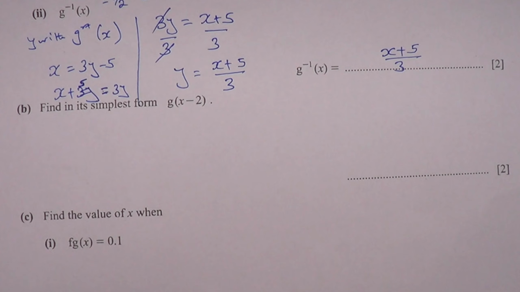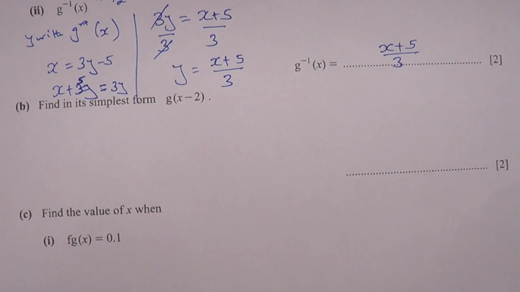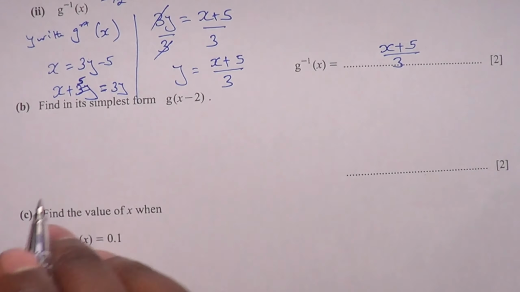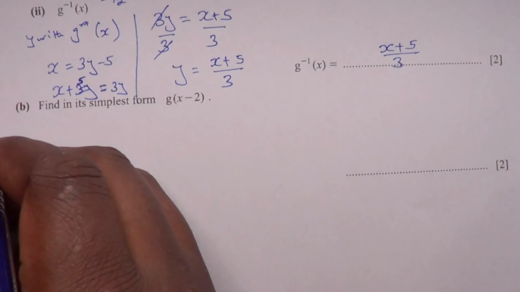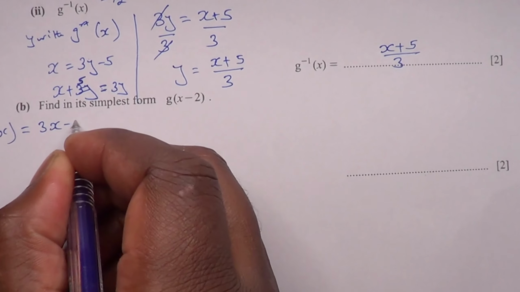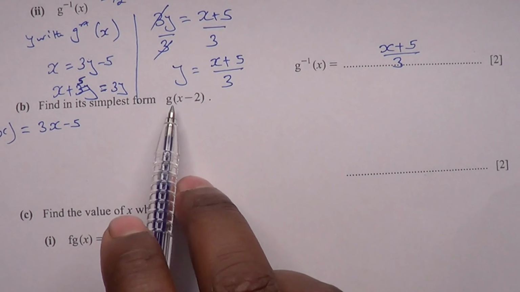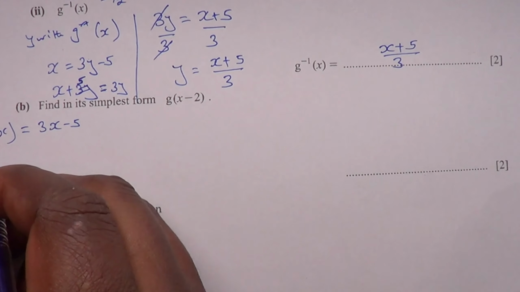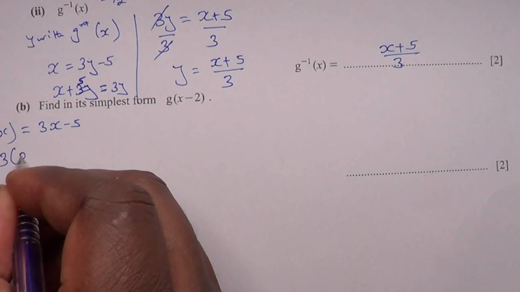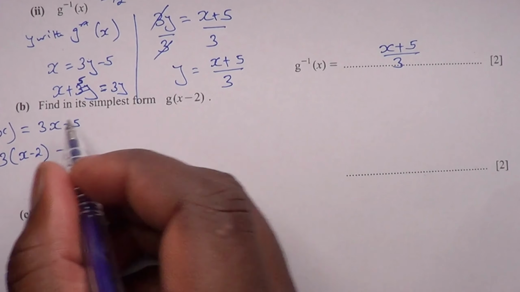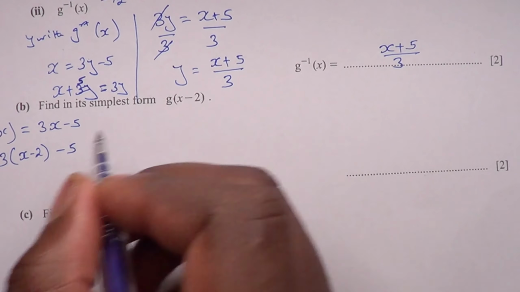Then look at D. We are told to find the simplest form of g of x minus 2. Remember, we were given g of x equals 3x minus 5, and here they have given us g of x minus 2. So it is going to be 3 times x minus 2, minus 5, because now I have replaced the x with x minus 2.